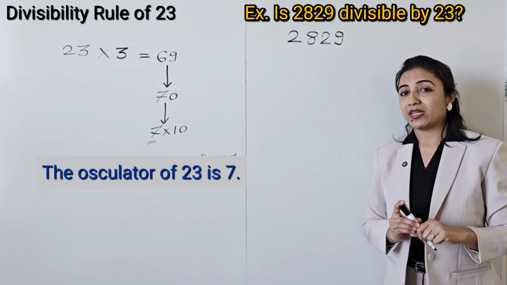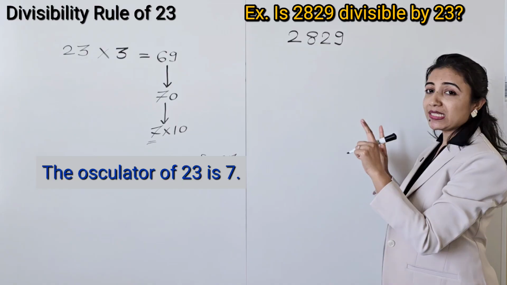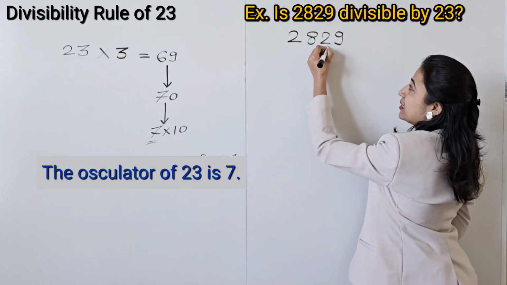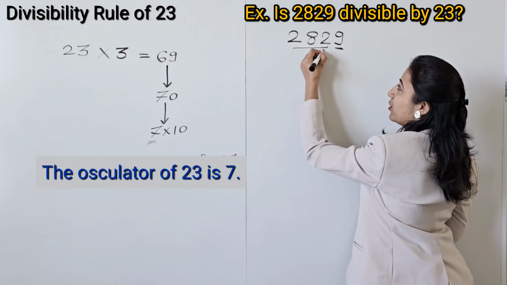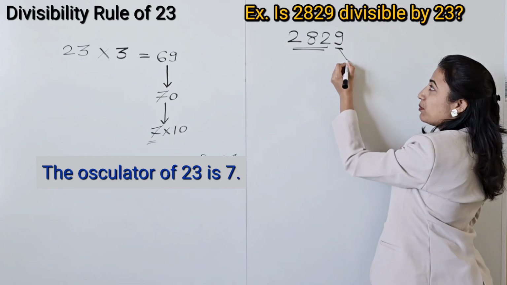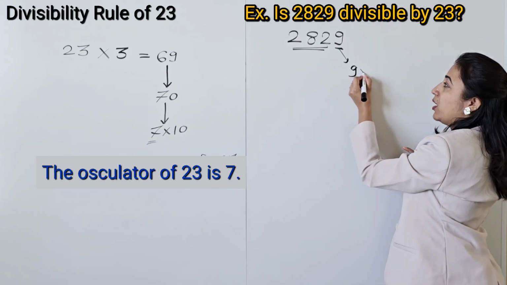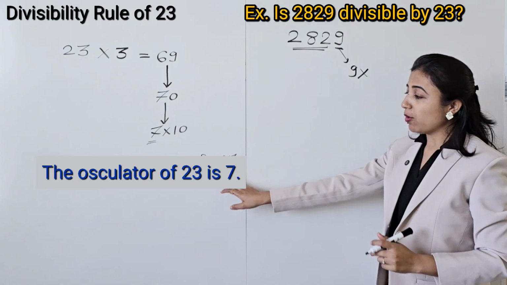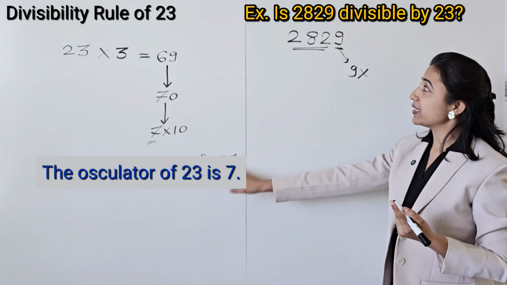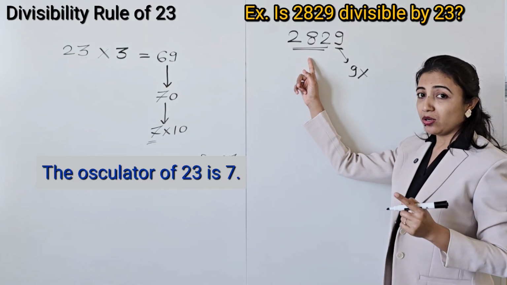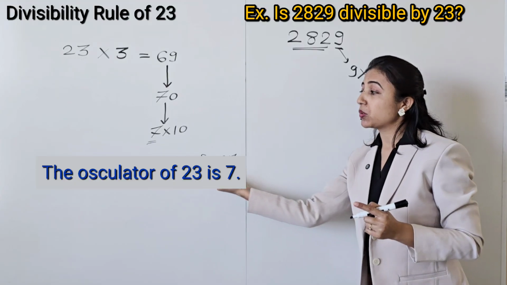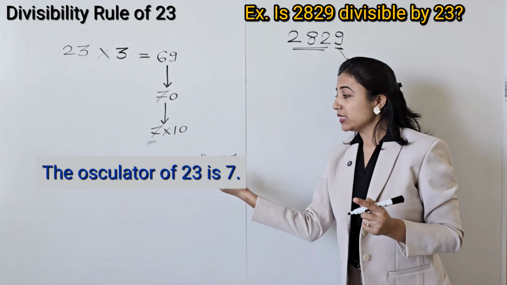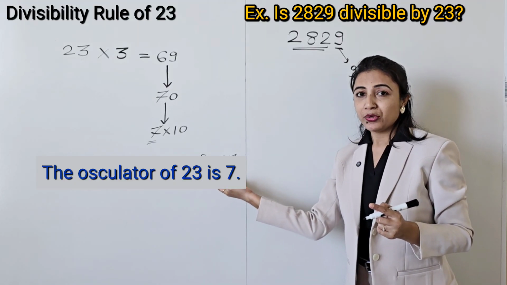So instead of wasting your time, you just break this number into two parts: the last digit and the remaining part of the number. This last digit you have to multiply by the osculator, or we can say multiplier. So what is the osculator for 23? As we have to check divisibility by 23, you have to use the osculator 7, because 7 is the osculator number for 23.